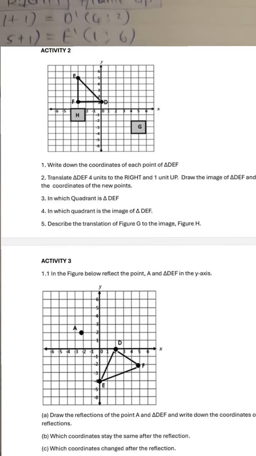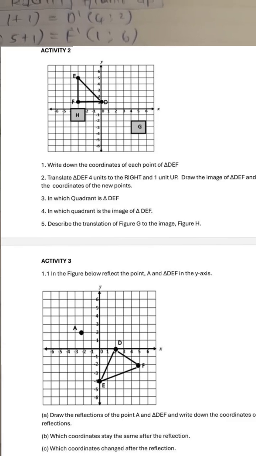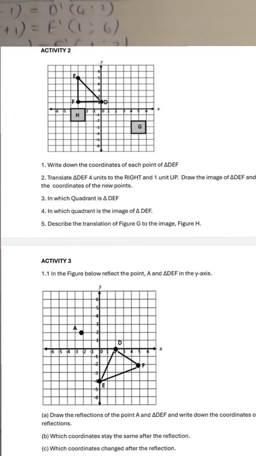Moving in a horizontal direction from the top left corner of G, we are going to count until the bottom left corner of H. So if we count how many units we are moving to the left: 1, we arrive at 3, 2, we arrive at 2, 3, we arrive at 1, 4, we arrive at 0, 5, we arrive at -1, 6, we arrive at -2, 7, we arrive at -3, 8, we arrive at -4.